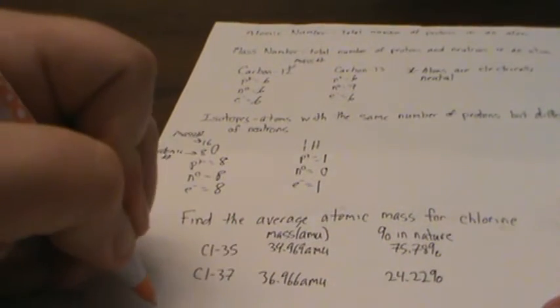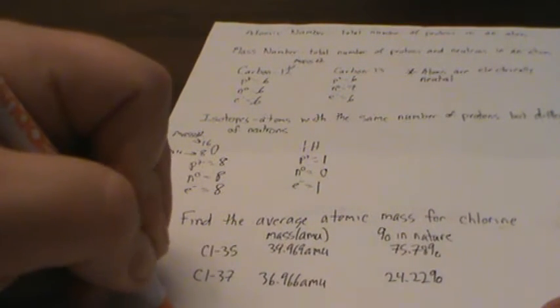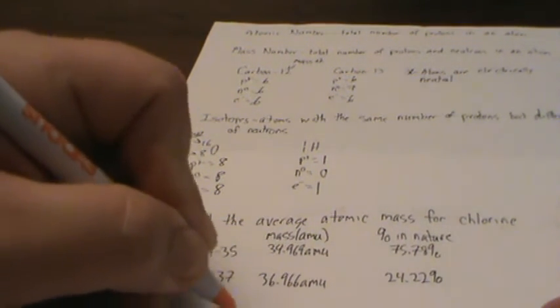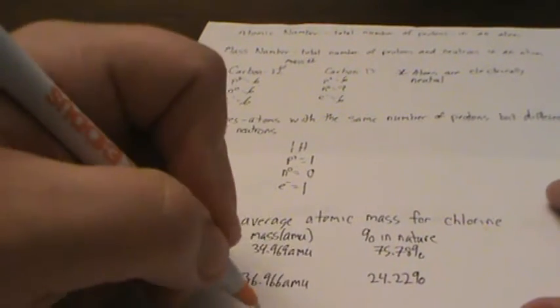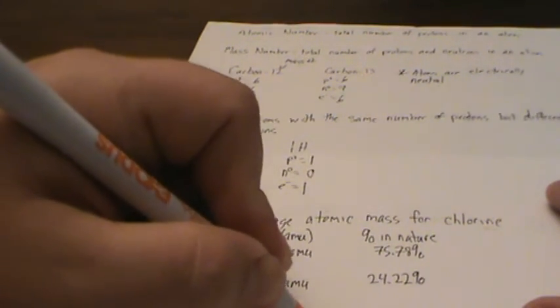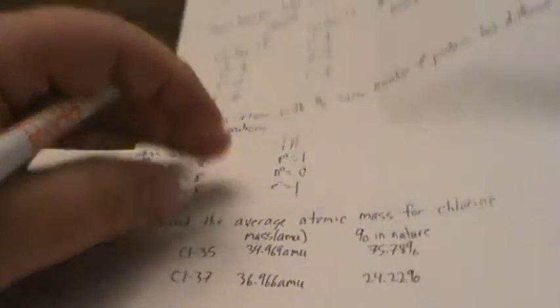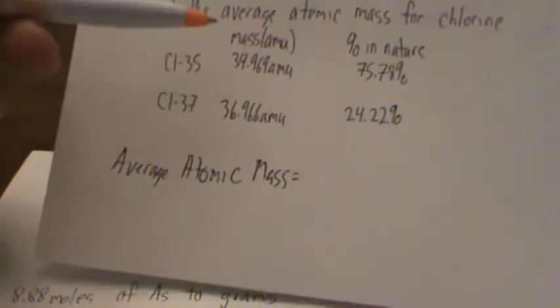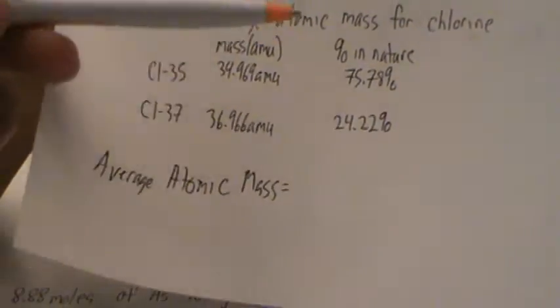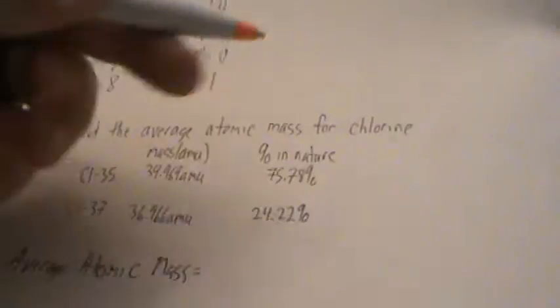So the way that we find the average atomic mass is we do this. With each of the isotopes, we're going to take its mass, we're going to multiply by its percent of nature.